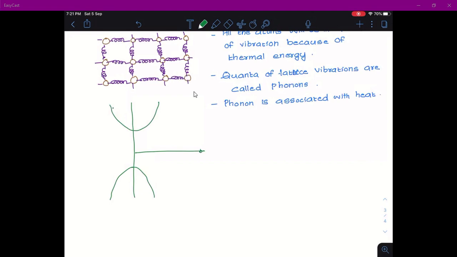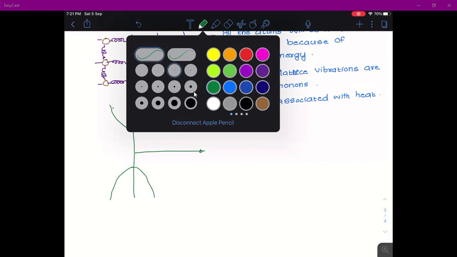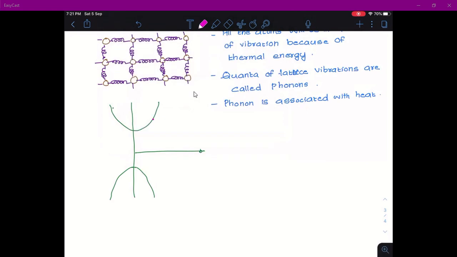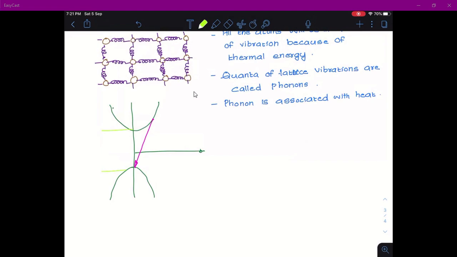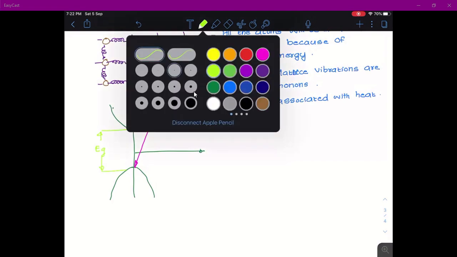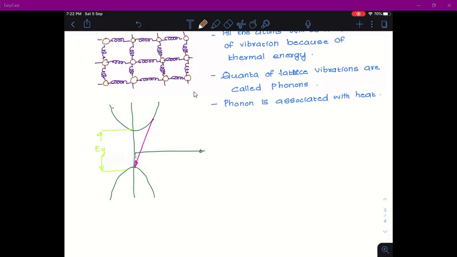There is an electron which gets transferred from a high energy level to a low energy level, and the band gap is Eg, and the different momenta of the electrons are K2 and K1, and delta K is K1 minus K2.